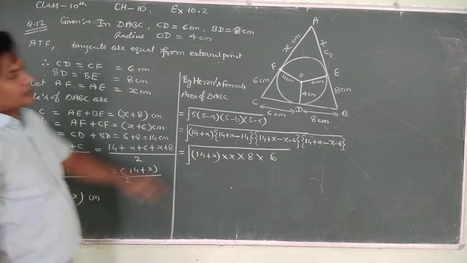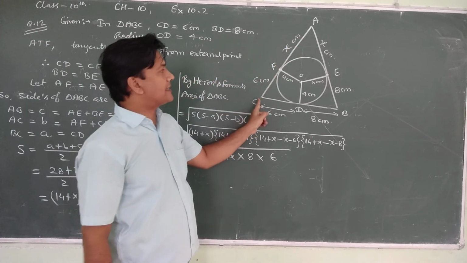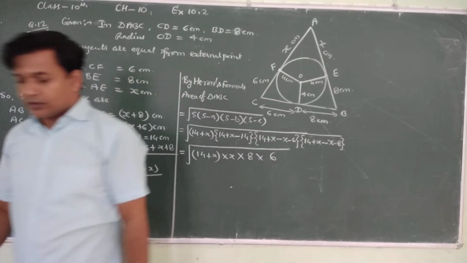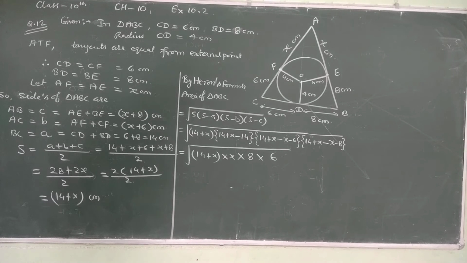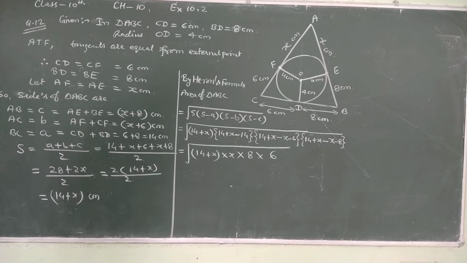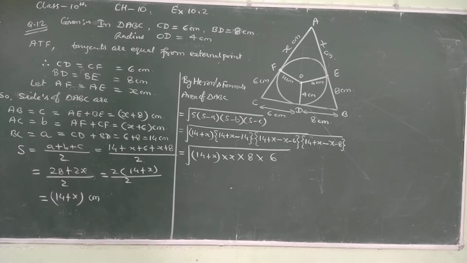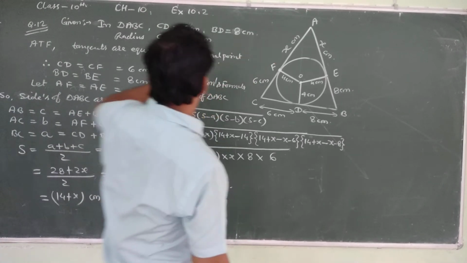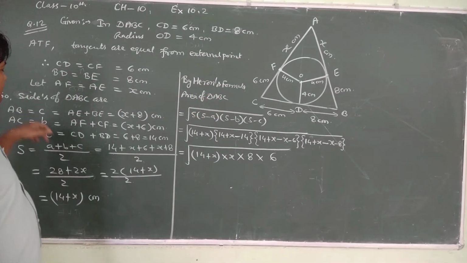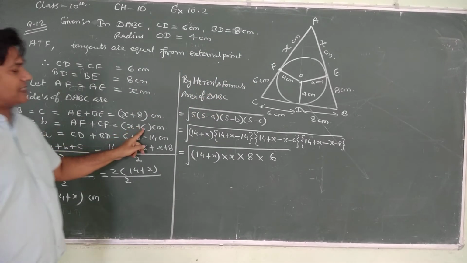Now the total lengths of the AC side and AB side. AC is the sum of AF and CF, that is x plus 6.